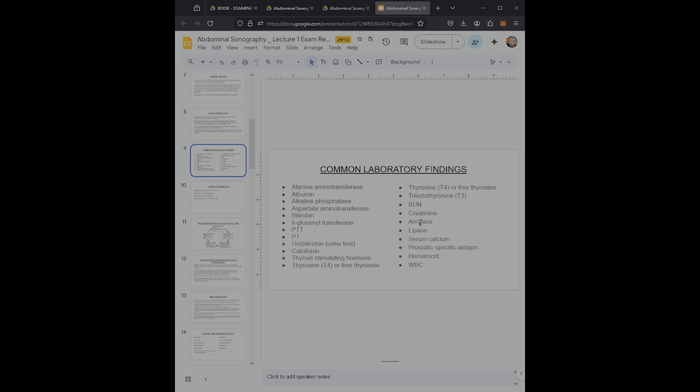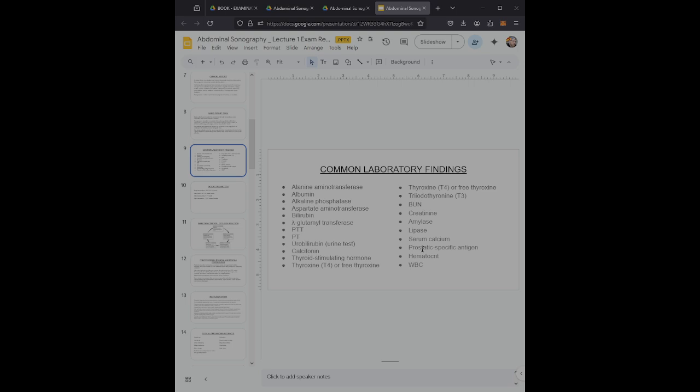So once again, in conjunction with amylase, lipase indicates pancreatic disorders or biliary or pancreatic obstruction. Serum calcium. High levels of serum calcium may be indicative of parathyroid abnormalities.